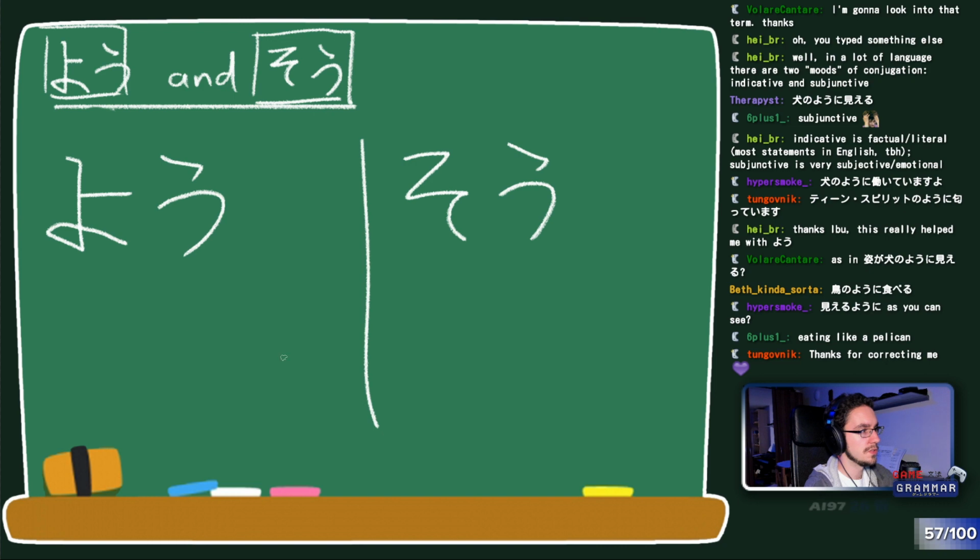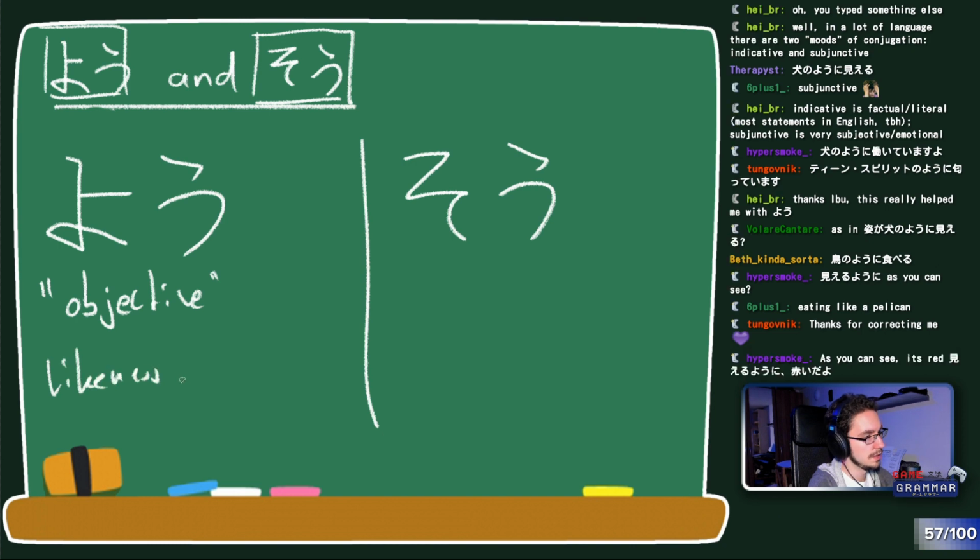So, let's talk about yo and so. Okay, so yo again is a little bit more objective. It can be used to compare appearances, so likeness and appearance. 犬のように, 犬のようだ, like a dog.